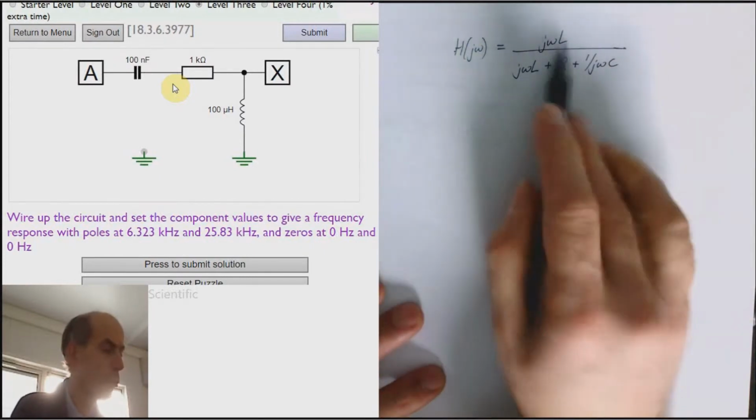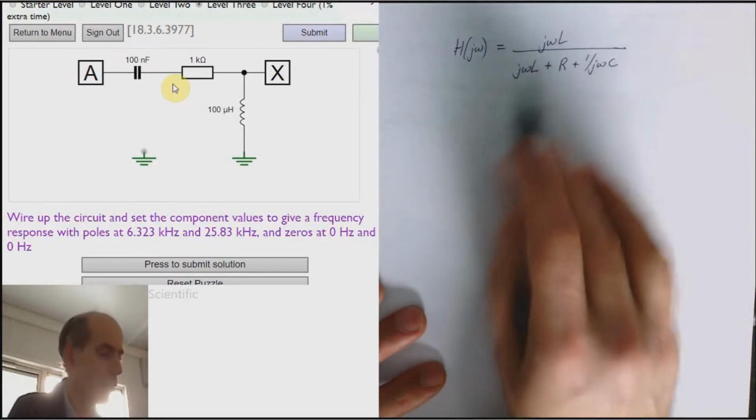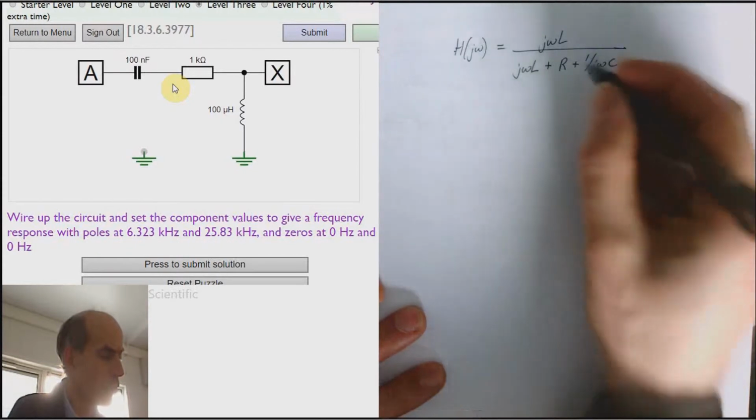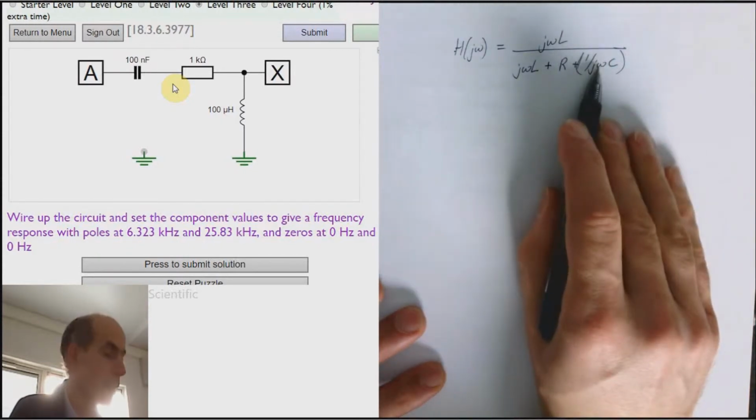That is not in the form of the ratio of two polynomials, so the first stage is to get it into the form of the ratio of two polynomials, and that means this term here in 1 over j omega C needs attention.